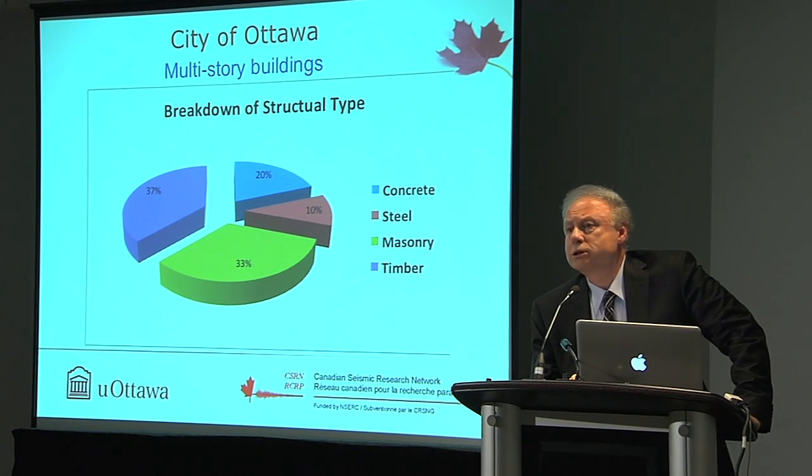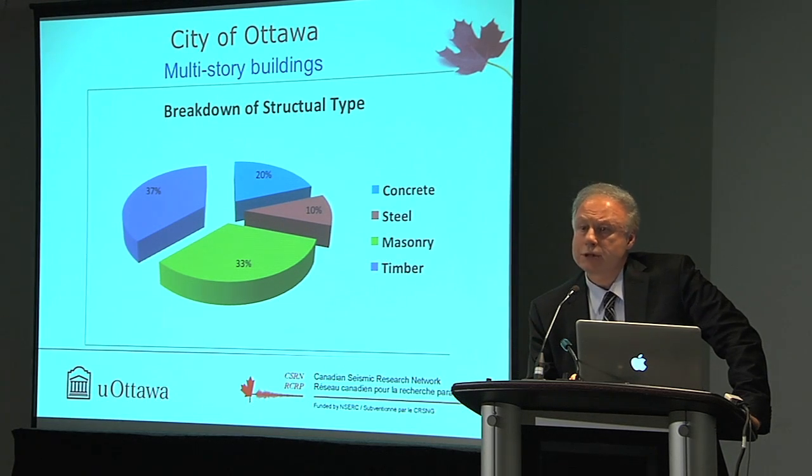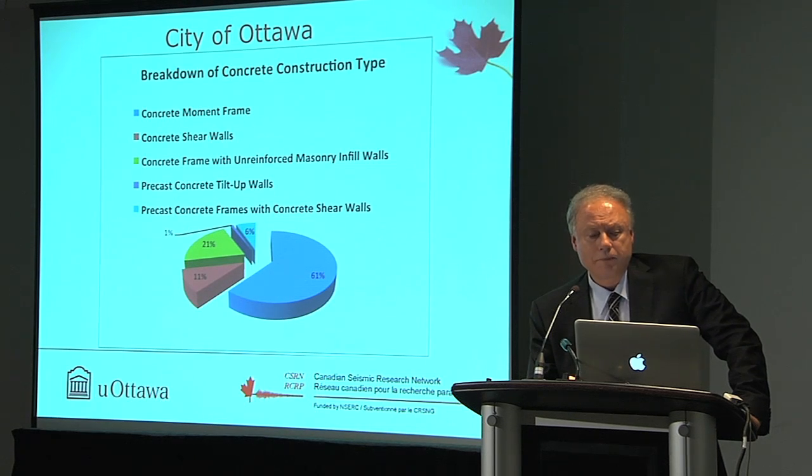These multi-story buildings include apartments, condominiums, offices, hospitals, and industrial buildings as well. If we look at only concrete construction, moment frames constitute the majority, over 60%, and shear wall buildings 11%. Then there is frame with unreinforced masonry infills.